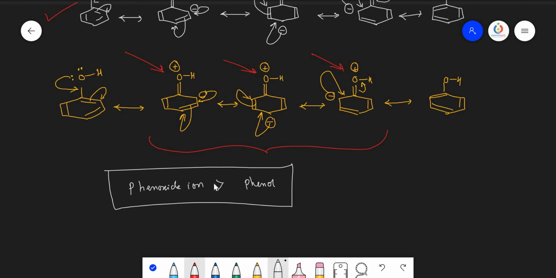So you can see here, the negative charge is developed at the ortho position, para position, again at ortho position, because the OH group lone pair of electrons are delocalizing into the ring. That's why OH group is called the ortho and para directing group, because whatever the electrophile you are going to add, that electrophile will be attracted to either the ortho position or to the para position or again to the ortho position. So it is an ortho para directing group.